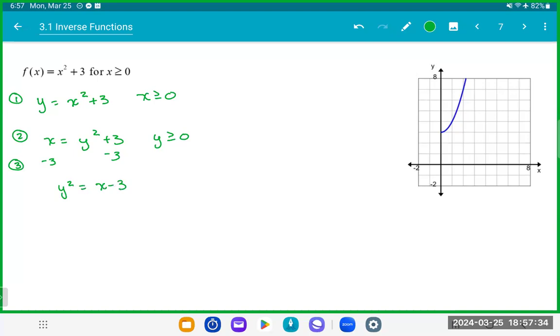Okay. And when we take the square root of both sides, we get that y is equal to plus or minus the square root of x minus 3. So our inverse of our function is just the positive one, because remember, we're saying y has to be greater than or equal to 0. Therefore, we're only taking the positive piece of this.